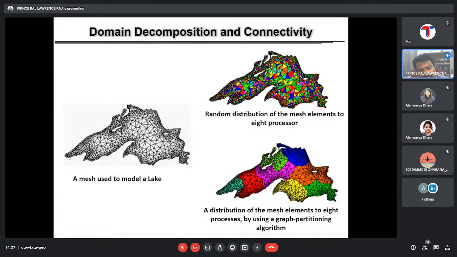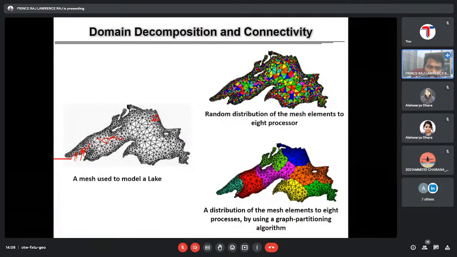For example, some people are adding poisonous or toxic liquids here. How that liquid will diffuse in this lake, that I want to study: how much time it will take to reach here, and even if it is reaching, how much it is diluted, how effective it is.